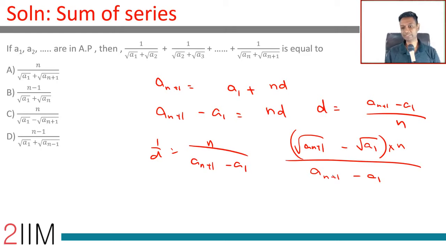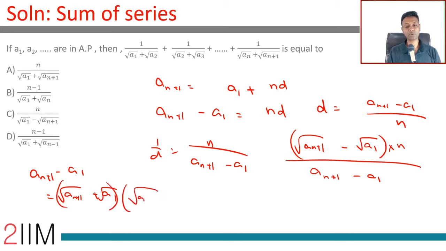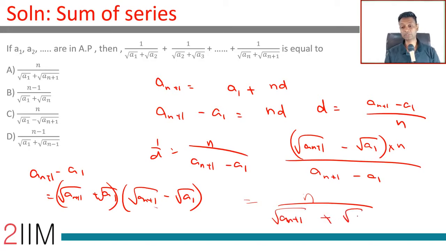Again An plus 1 minus A1 can be written as square root of An plus 1 plus square root of A1 into square root of An plus 1 minus square root of A1. So this part will get cancelled with this one, and we'll get n by square root of An plus 1 plus square root of A1. Just this answer. Choice A.